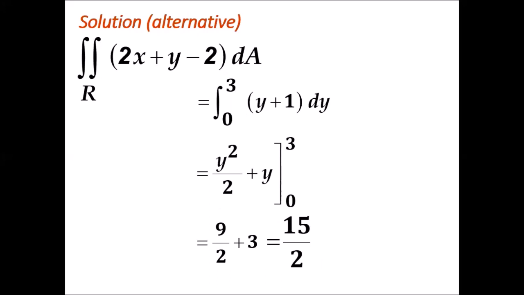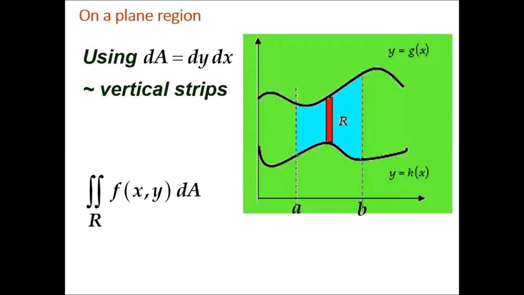Now, we observe that if our region R is rectangular, it is very easy for us to set up the iterated integral. But what if the region R is not rectangular? For example, consider the region R bounded above by g of x, bounded below by h of x on the interval a to b.